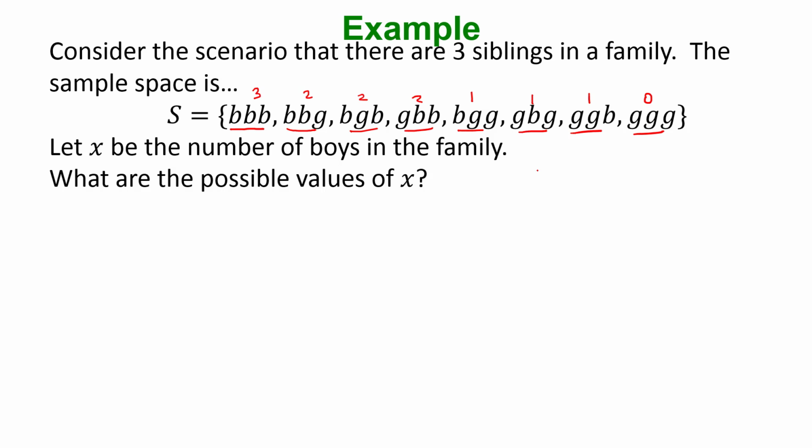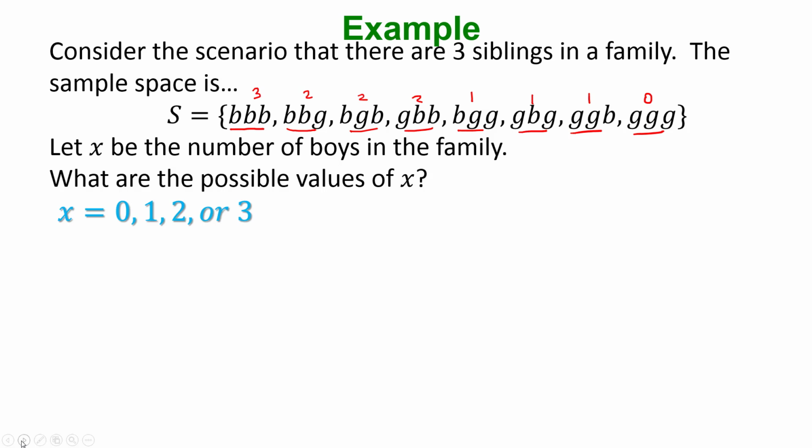Okay? This is just some terminology. Random variable is just representing different outcomes. We tell you what the random variable represents, in this case, the number of boys in the family. So you figure out what the different possible outcomes are, how many boys.